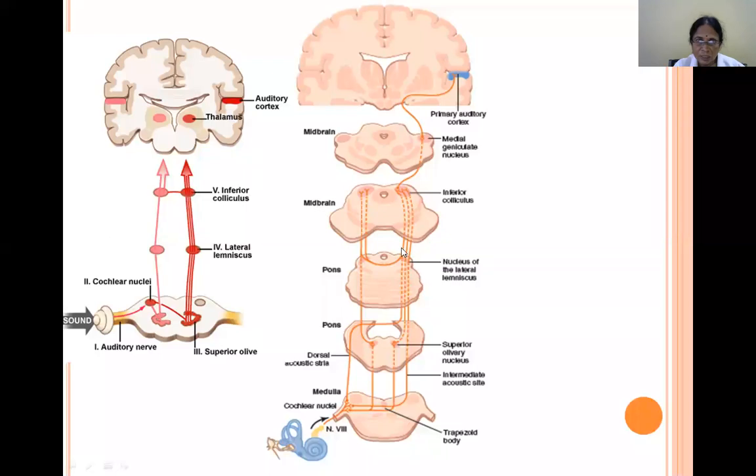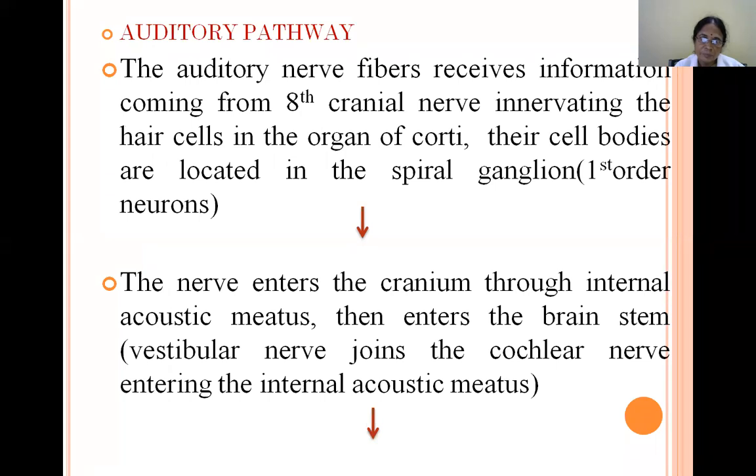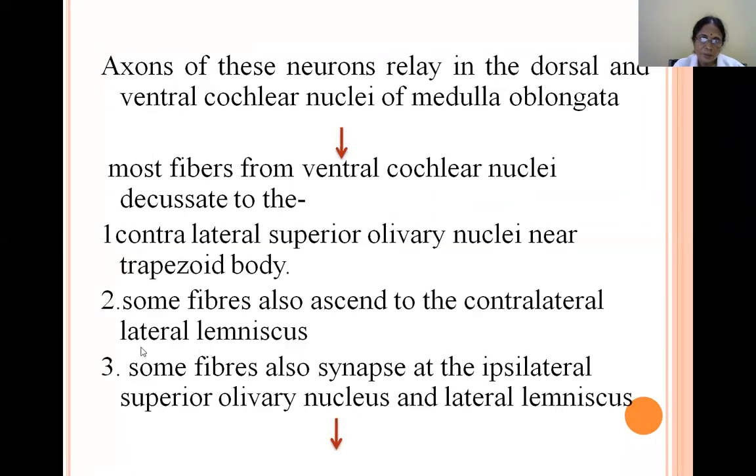Here is the nucleus of the lateral lemniscus. The ventral cochlear nuclei fibers are going to the opposite side, to the superior olivary nucleus near the pons, and some fibers also ascend to the lateral lemniscus. If you have to remember, the ventral fibers cross to the opposite side, decussation, that is, they cross near the trapezoid body and go to the opposite side.